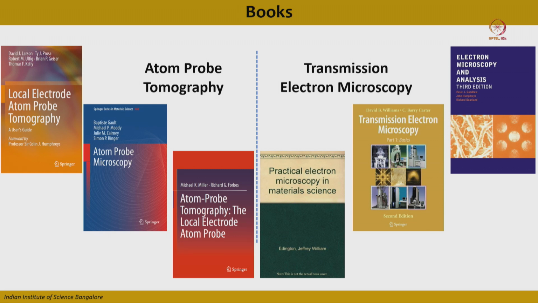In transmission electron microscopy, we have a very old book by Edington, Practical Electron Microscopy in Materials Science. There is also Transmission Electron Microscopy by Williams and Carter, and another book, Electron Microscopy and Analysis, as reference texts.